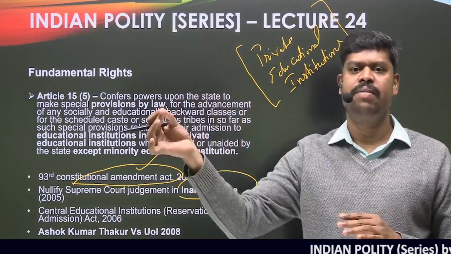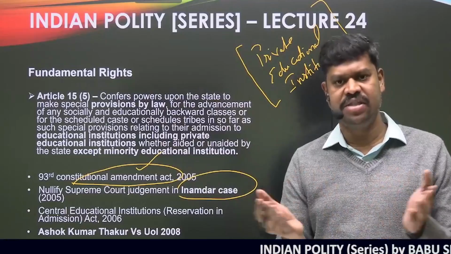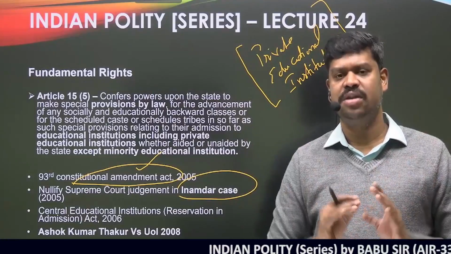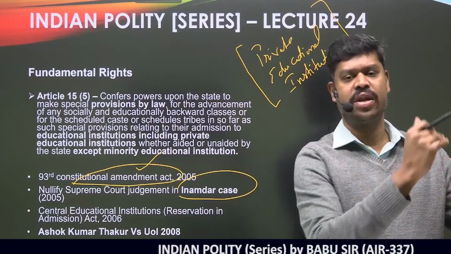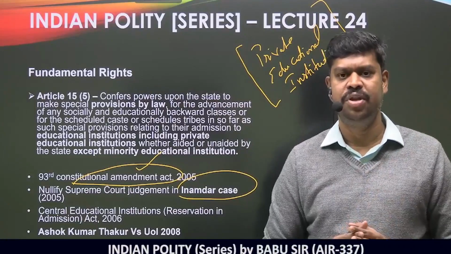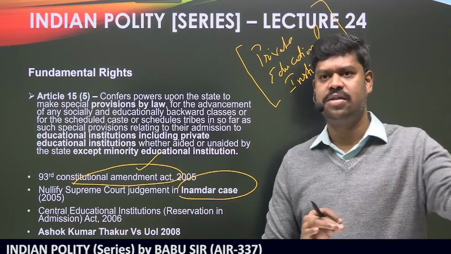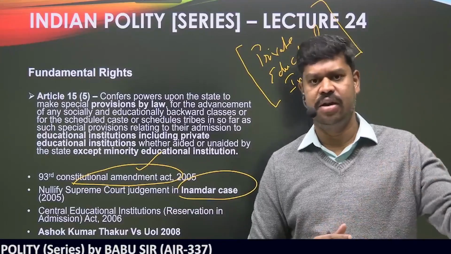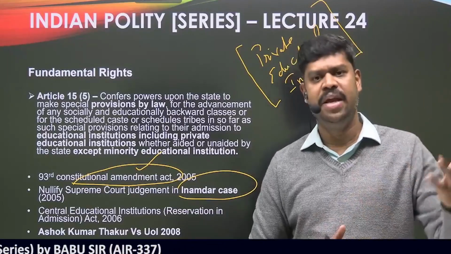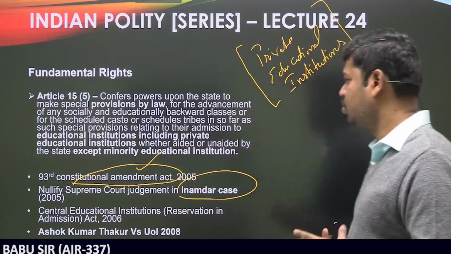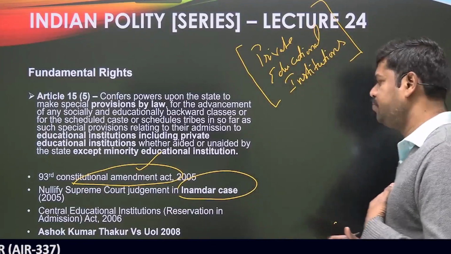And if any state government wanted to extend the reservation principles to any of the state-run institutions, then the state legislature can make a law and extend it to various state-run educational institutions, be it even a private educational institution. So this is basically what you'll have to understand.